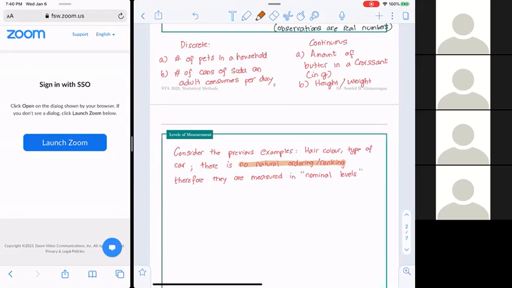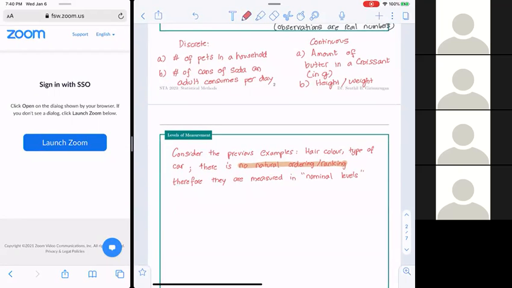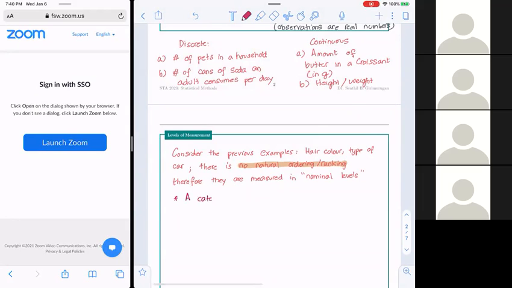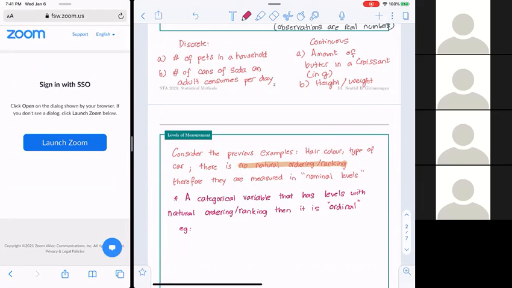But if you have a categorical variable and it has a natural ordering, then we call it an ordinal level of measurement. So what are some good examples?